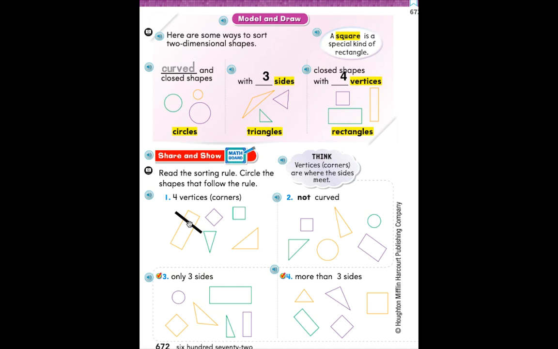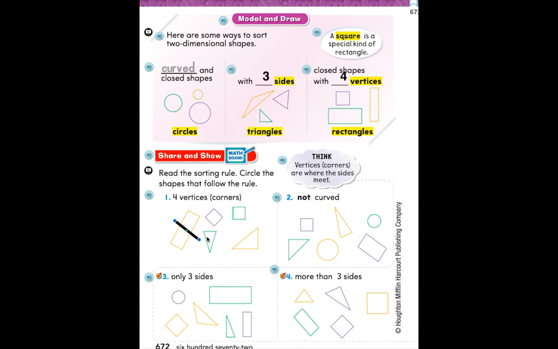Now let's do the following exercise. Read the sorting rules. Circle the shapes that follow the rule. Four vertices. Which shapes have four vertices? Let's count. One, two, three, four. Let's circle it. Four. Now, which shape is this?